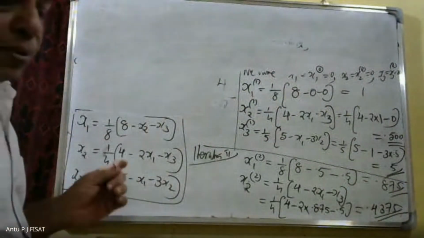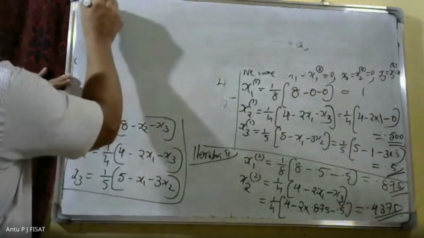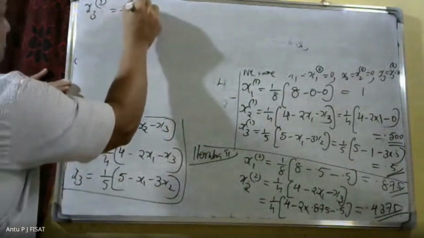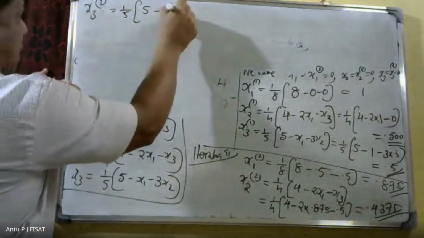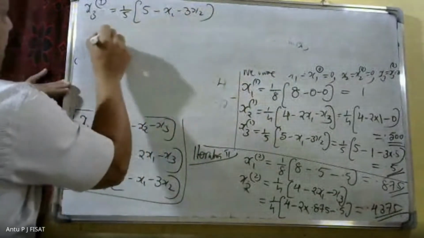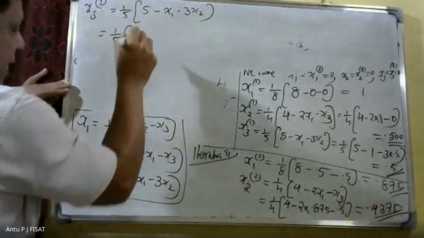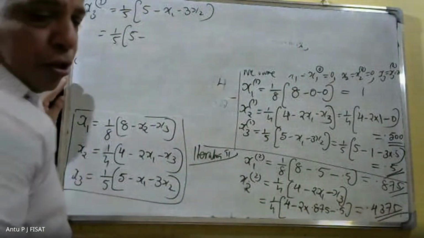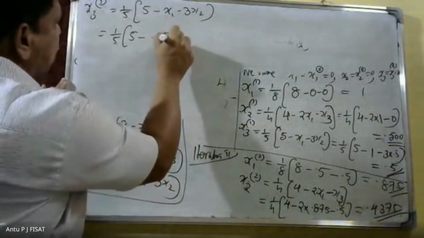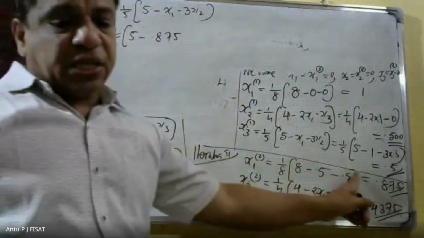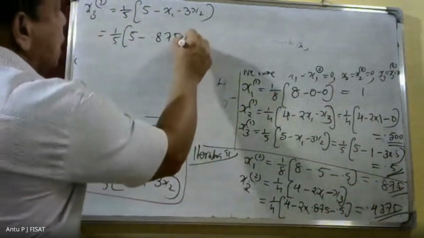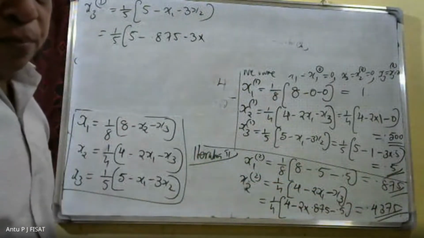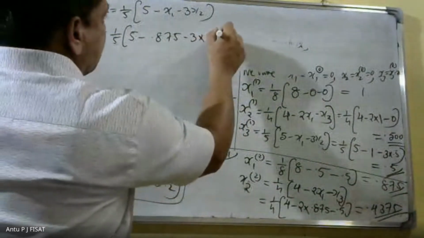Next we calculate x3 raised to 1. Formula: 1 by 5 into 5 minus x1 minus 3x2. That is 1 by 5 into 5 minus, here x1 is the latest updated value, 0.875, minus 3 into x2, which is 0.4375.